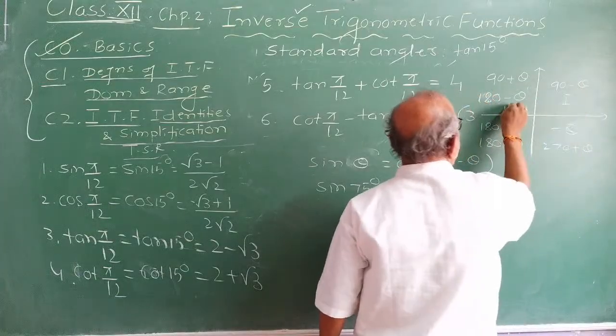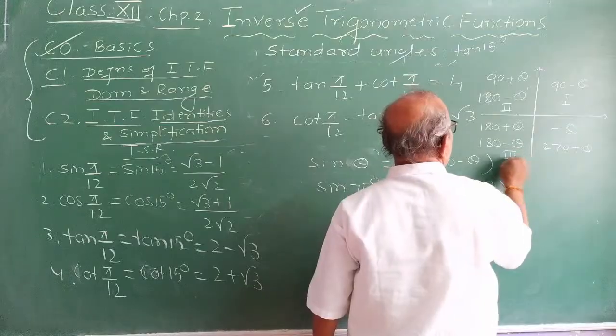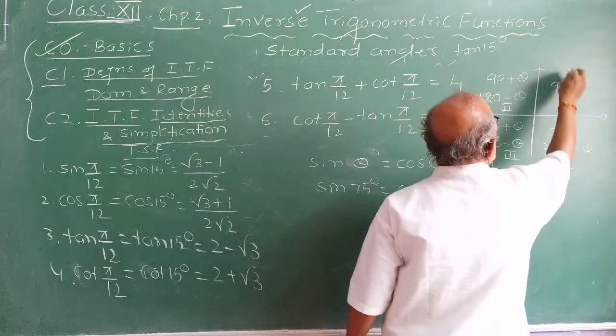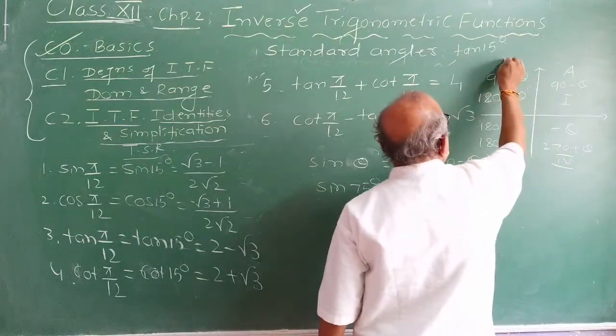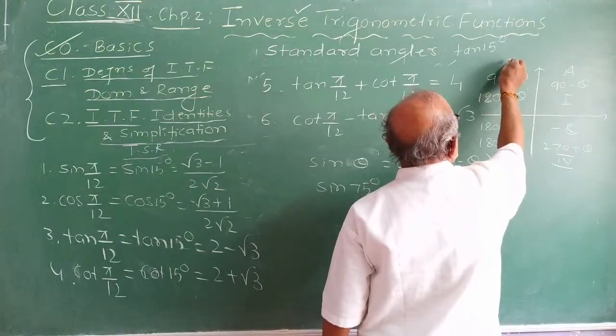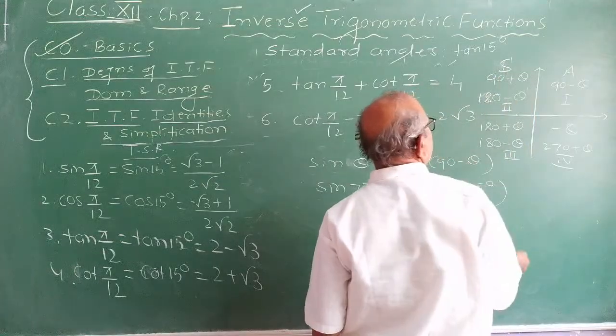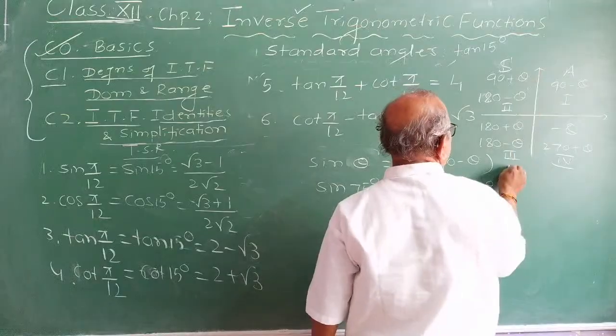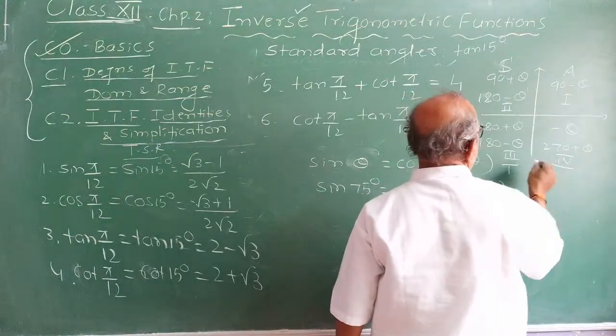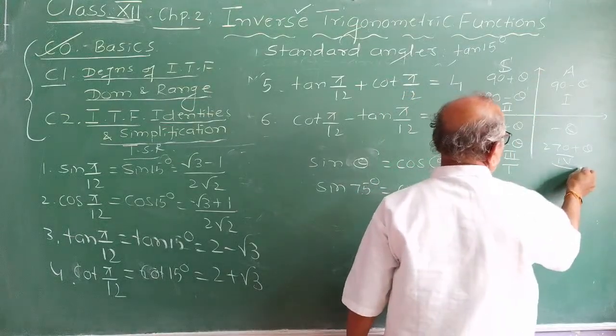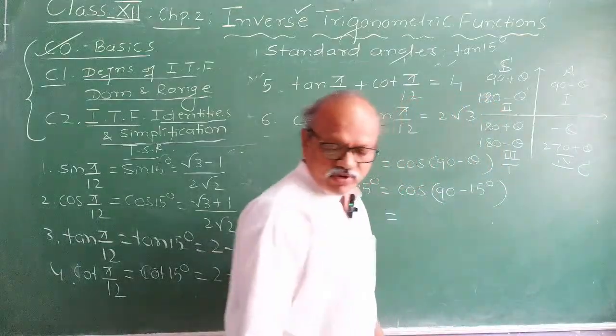First, second, third, fourth. All are positive in the first quadrant. Attend sincerely. Sine and cosec are positive in the second quadrant, tan and cot are positive in the third quadrant, cos and sec are positive in the fourth quadrant.